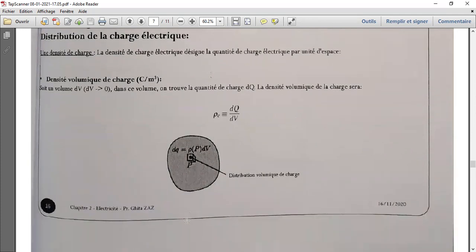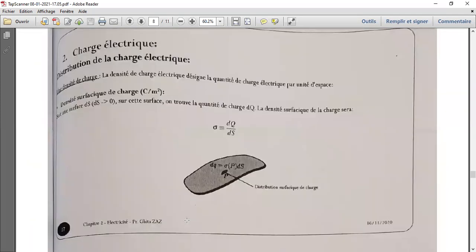And surfacic is the charge which is defined on a surface of something, a small surface. The most important thing is knowing the formula. This one is denoted by sigma, not omega.